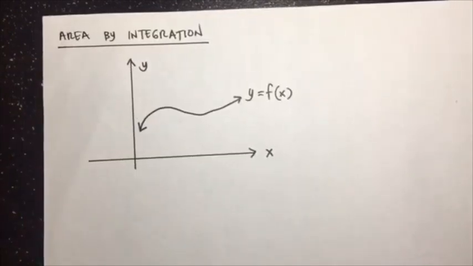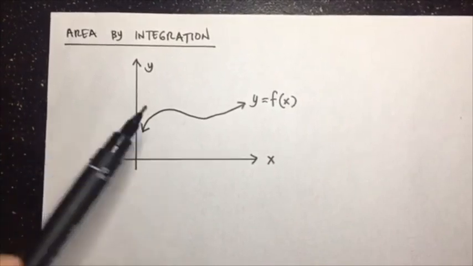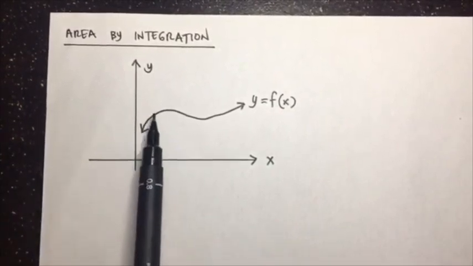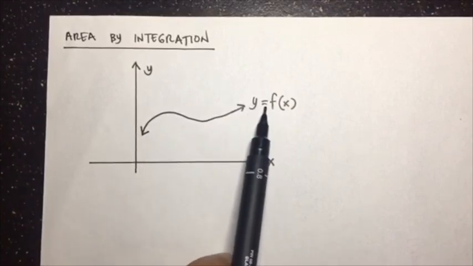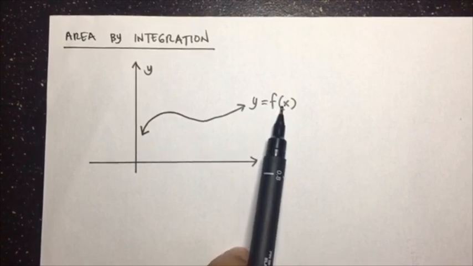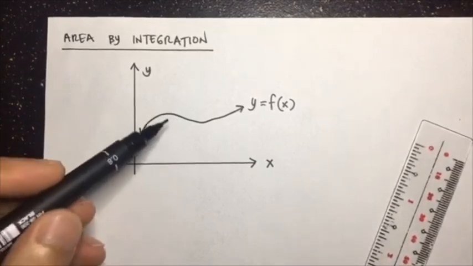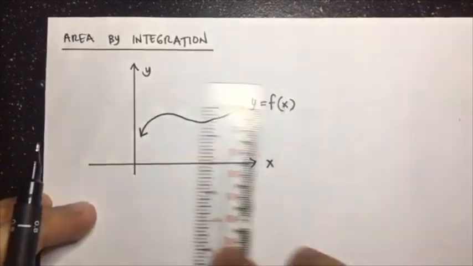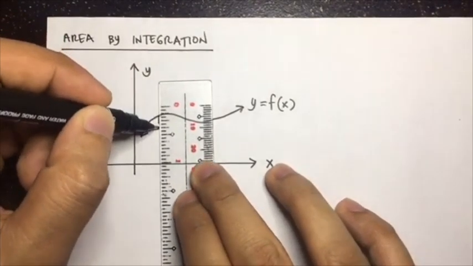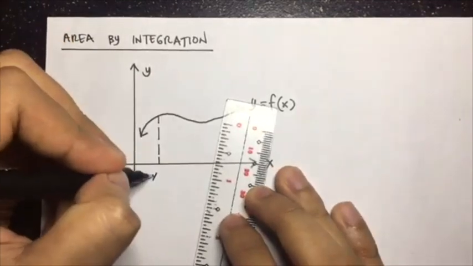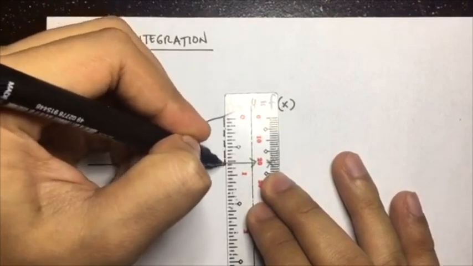Good day. For this video, we will be discussing area by integration. Say, for example, we have a curve described by y as a function of x, and we want to know the area under the curve, between the curve and the x-axis, between x is equal to a and x is equal to b.